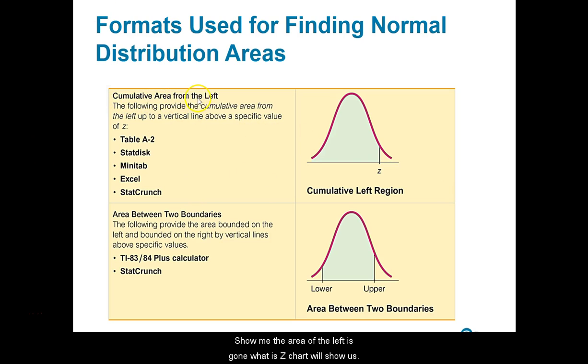So cumulative area to the left, this is normally what a z chart will show us. Up to z, what is the probability? In other words, what is the area under this curve? We can also try to figure out what is the area between two boundaries, a lower boundary and an upper boundary. We'll be looking at doing both of those.